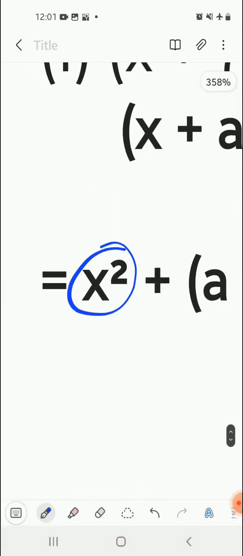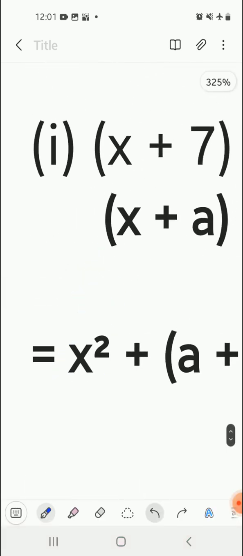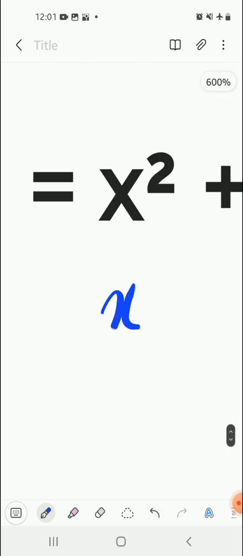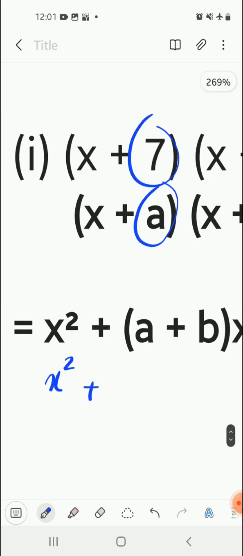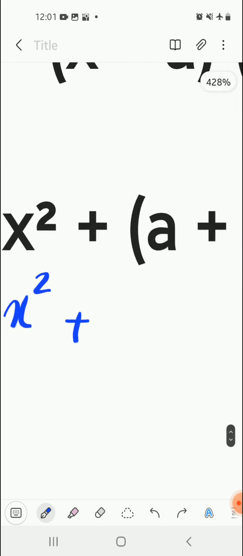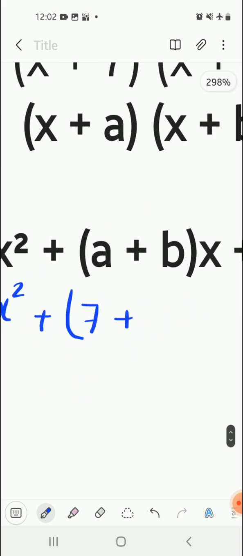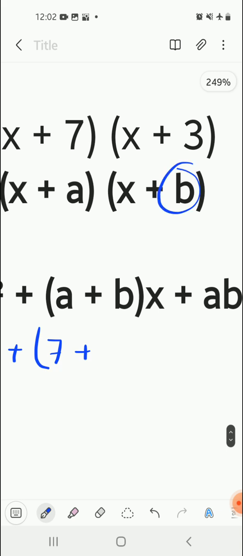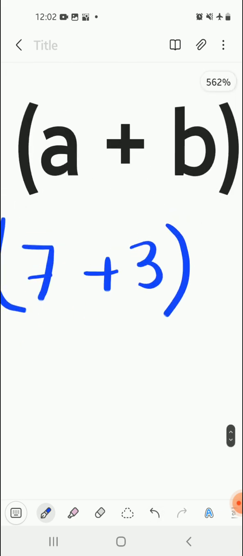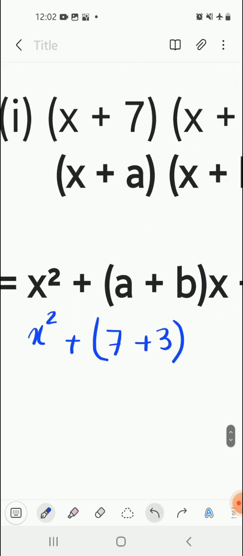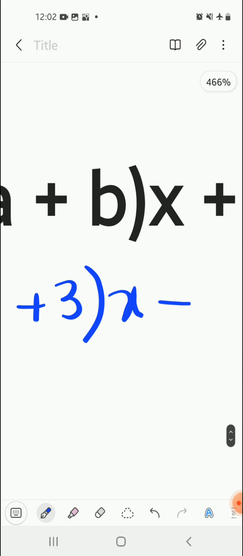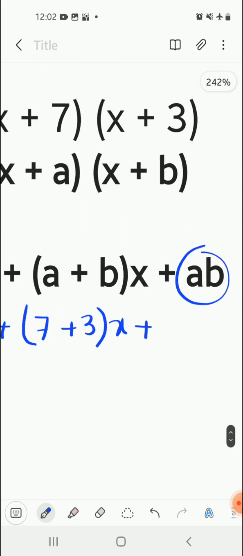Now what we need to do is simply substitute the values. Here it is x square, so we are going to write x square plus, in place of a we have got 7, so we write 7 here, plus in place of b we have got 3, so we write 3 here, and again we have an x, so we write it as it is, x, plus a into b.